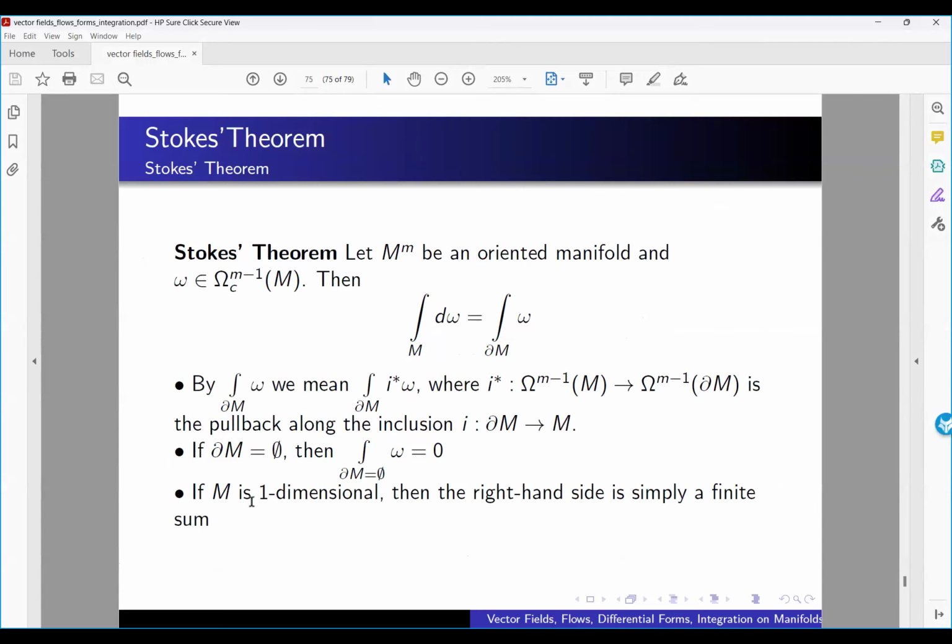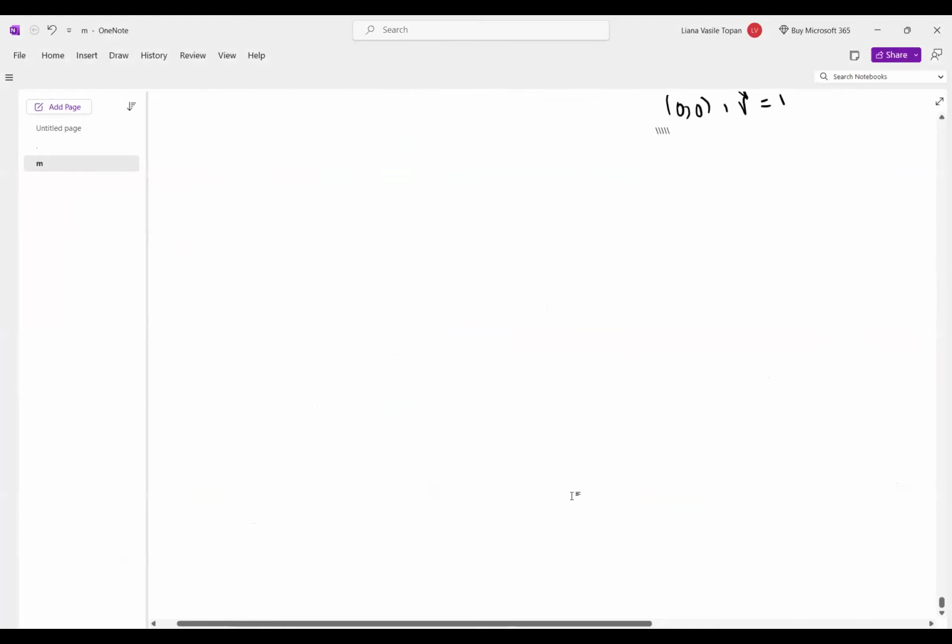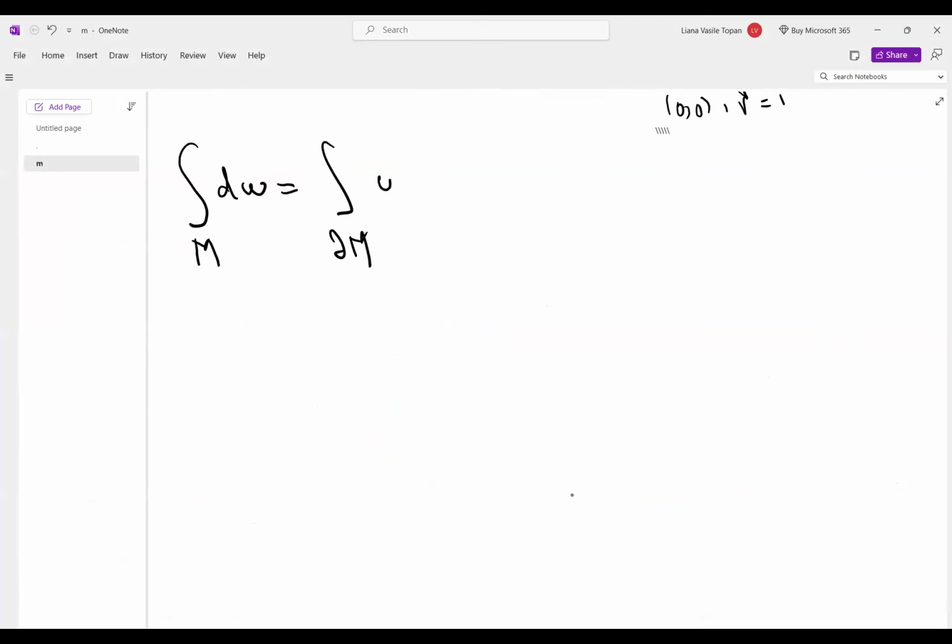Stokes theorem says the following: if M is an oriented manifold and you take omega an n-1 form with compact support, then the integral over M of d omega is the integral over the boundary of M of omega.